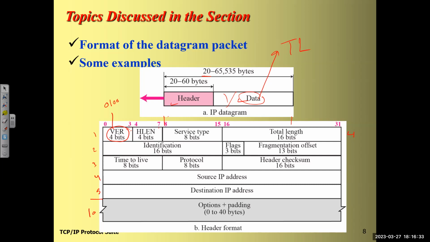Now, what is the second field? The header length, correct? And how many bits? 4 bits. So how many total you will have if you have 4 bits here? 15. Correct? The 4 bits will represent from 0 to 15, correct? If you have 4 ones, it's 15. Correct? So now, question for you. How many rows you will have here?